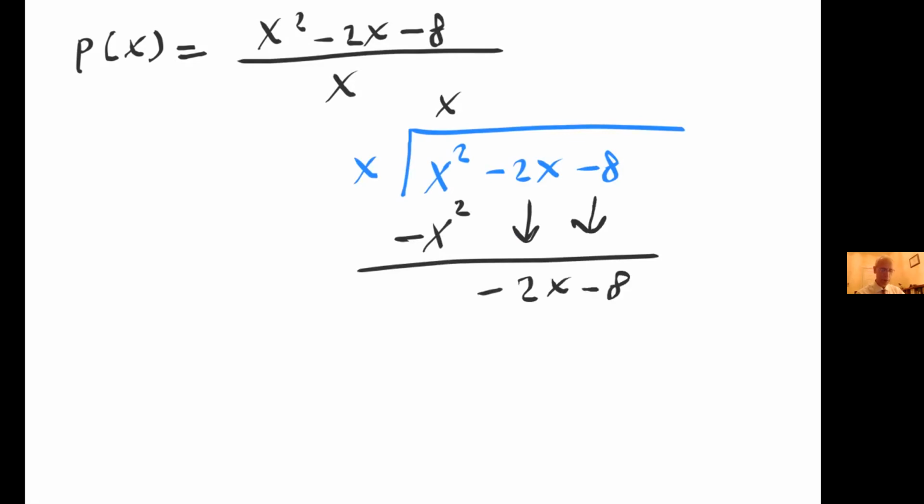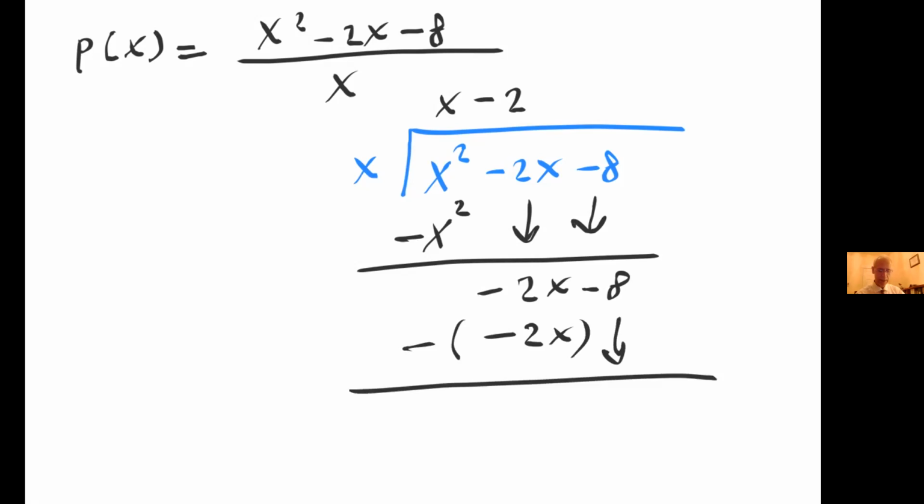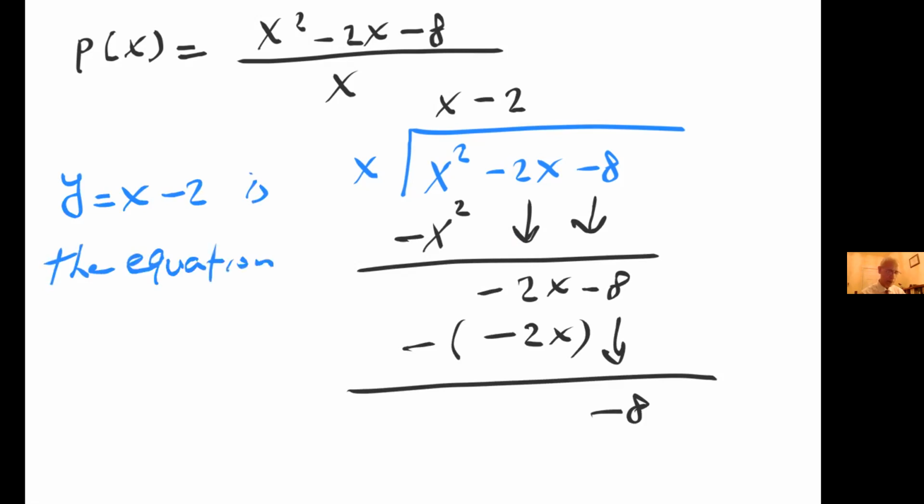If I put minus 2, then I get minus 2x. Subtract this, and I'm left with negative 8. We said we are going to ignore the remainder when finding the slant asymptote. So the equation of the slant asymptote is y equals x minus 2.